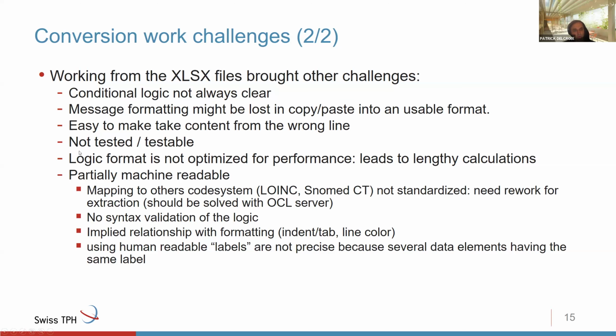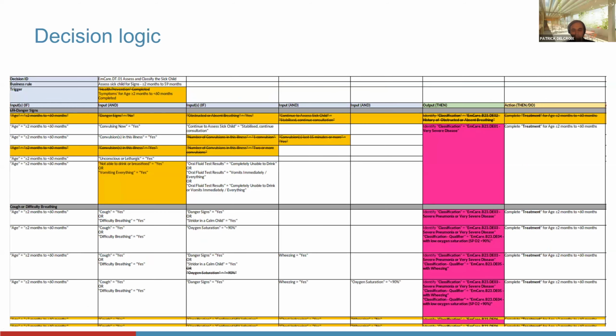So as I mentioned, another aspect is that the goal of those files is to be for humans, meaning that the logic, the way it is presented, might be clear, but if you turn that as is into software, it won't be very performant because you might just have an AND condition on the first line and an OR condition on the second line, and so on and so forth.